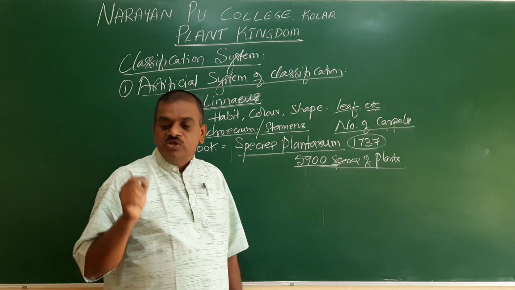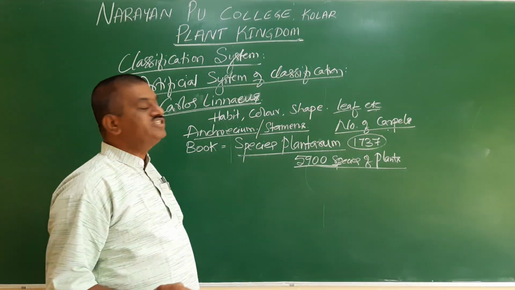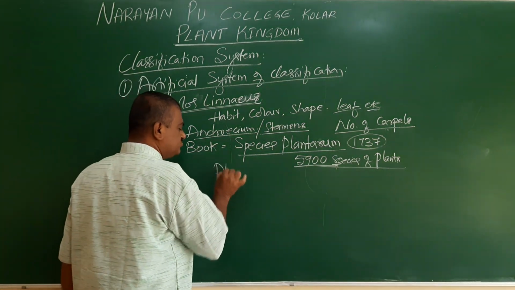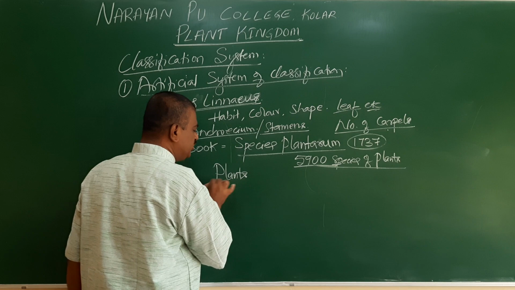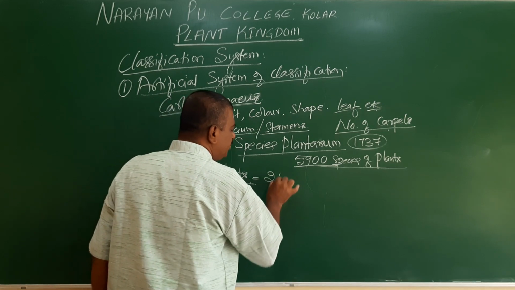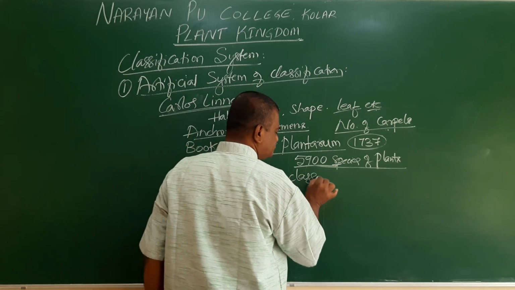Next. We know that Linnaeus also divided plants. Linnaeus classified the plants into 24 classes.